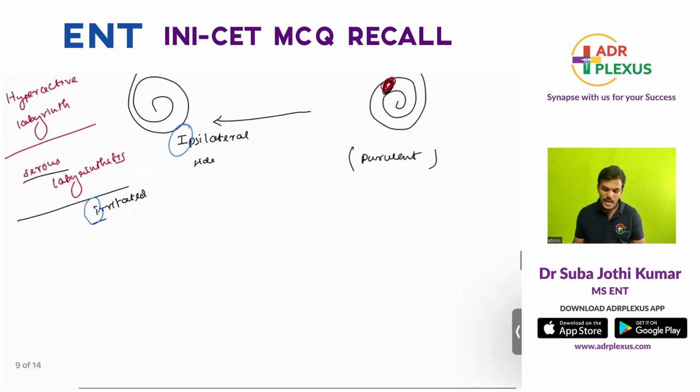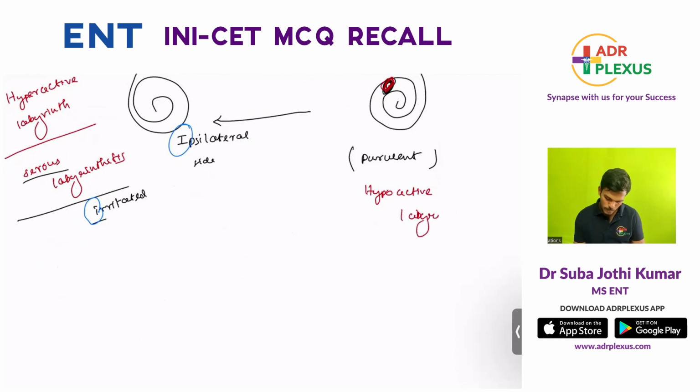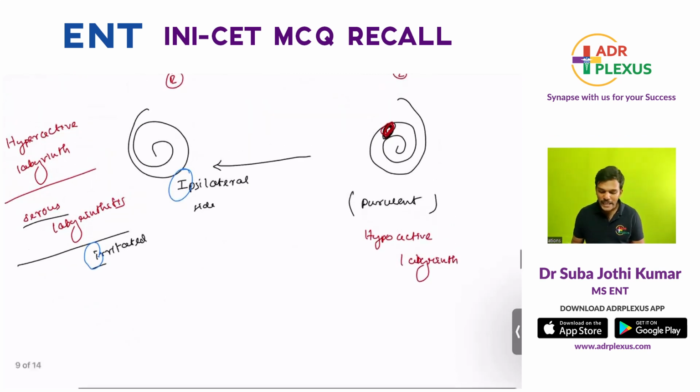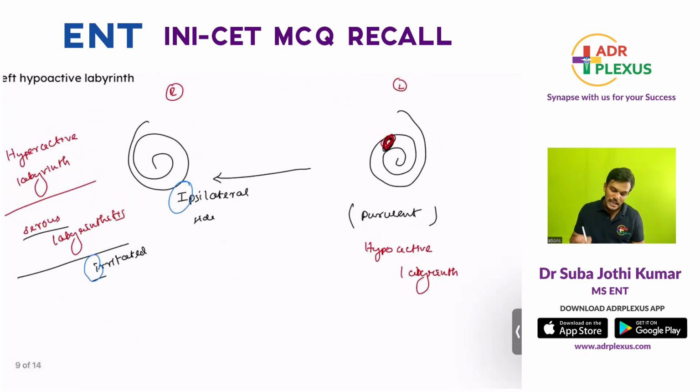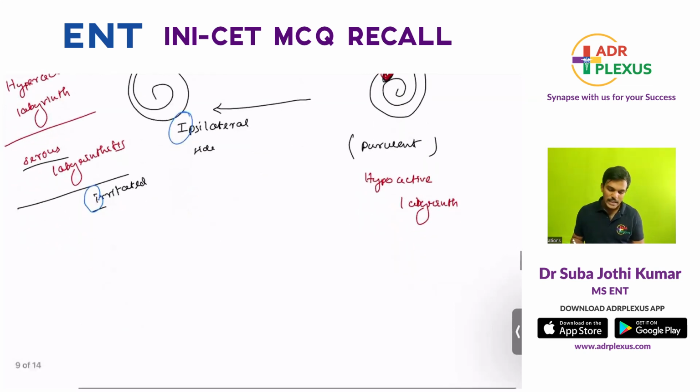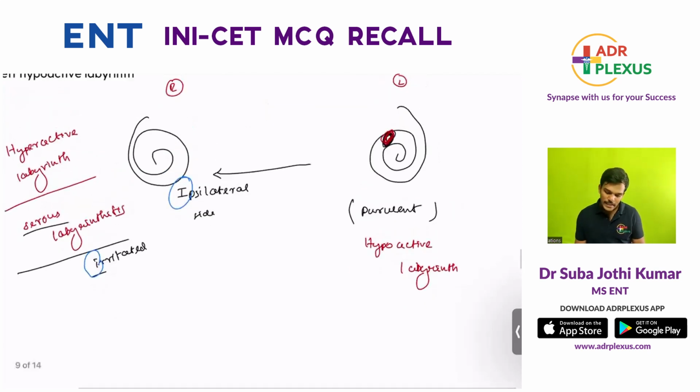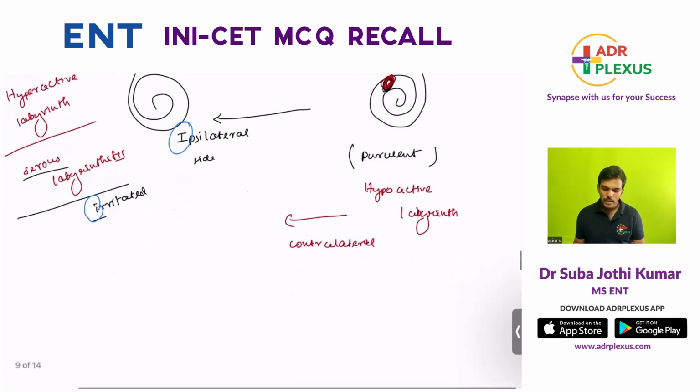So it causes a hypoactive labyrinth. If it is a hypoactive labyrinth, there will be nystagmus to the contralateral side. So hypoactive purulent labyrinthitis causes the nystagmus direction to be to the opposite side.